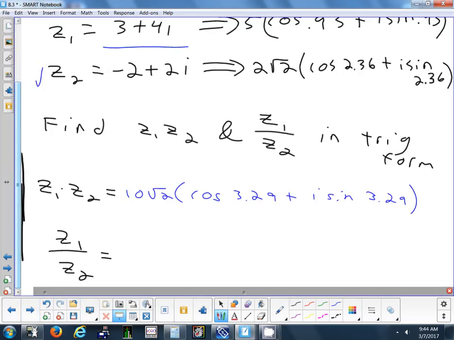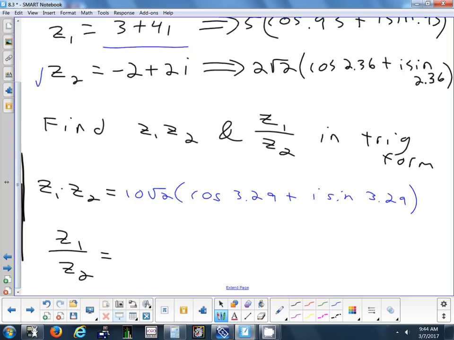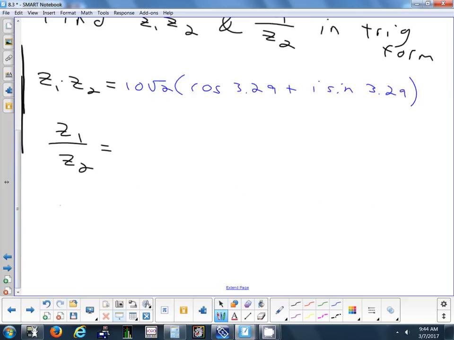What do you do with your radii when you're going to divide Z1 by Z2? Divide them. So take 5 and divide by 2 square roots of 2. I'm going to do it off to the side for a second, because that's what you get when you divide them. But what's wrong with that answer? Square root's in the bottom, so how do we fix it?